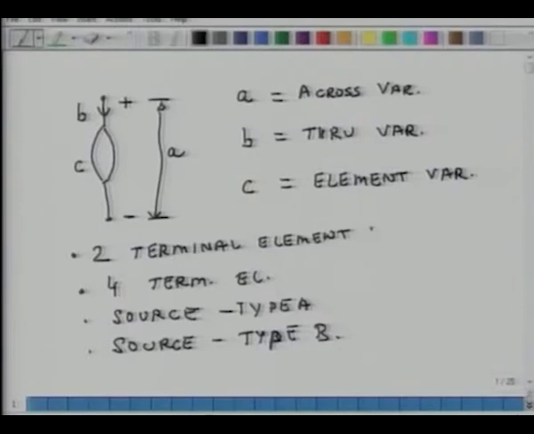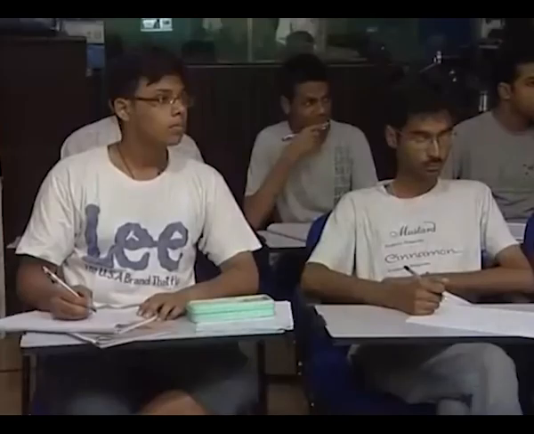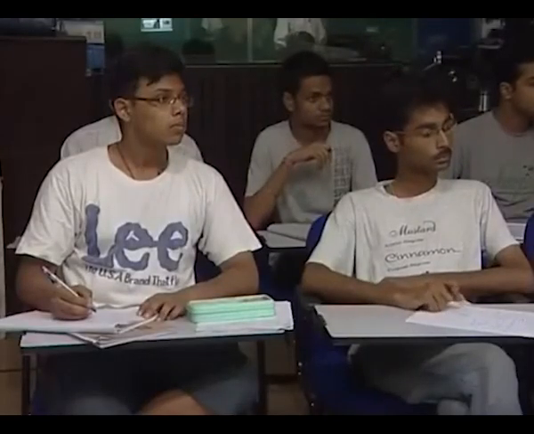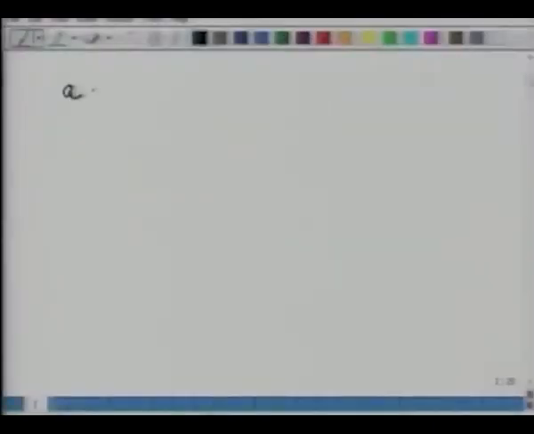So we'll start with two-terminal elements. The first two-terminal element has a relationship where A, which is the across variable, is through variable times element variable. Any element which has these three variables linked in such a way is a two-terminal element of this particular type. So for instance, you have a resistance, there is a voltage across it, and there is current going through it.